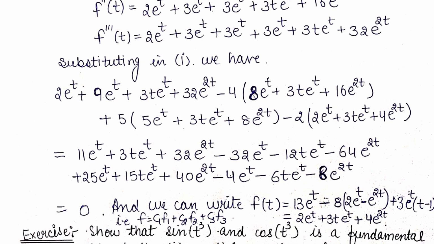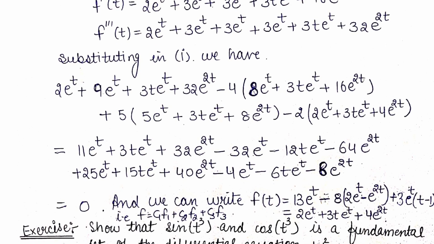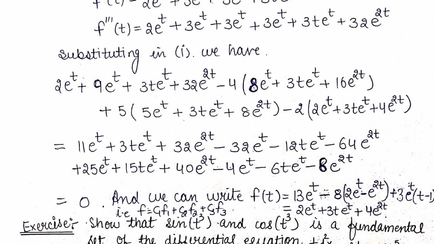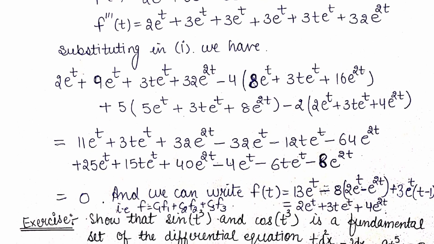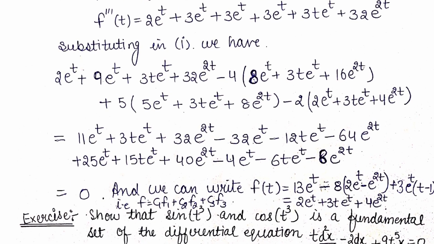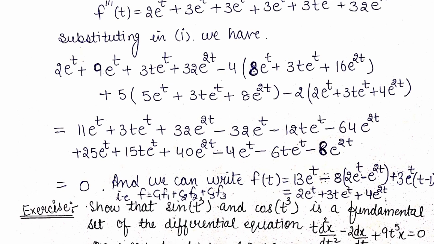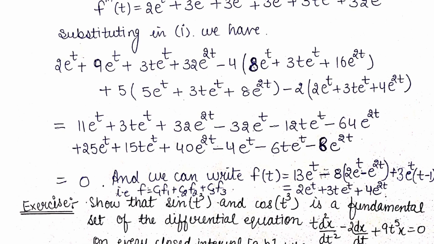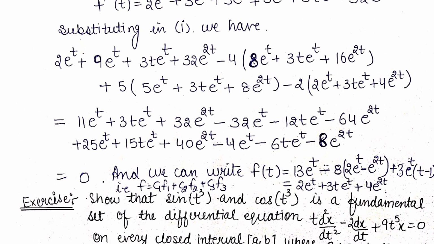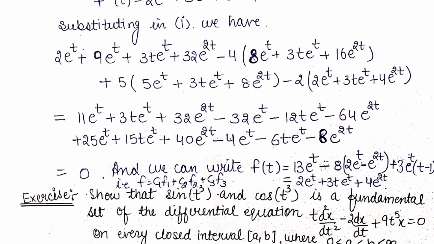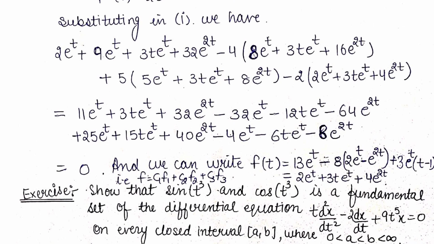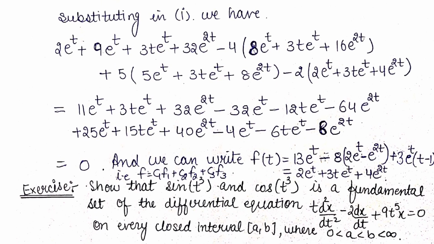Now you have to check that these two functions, namely sine t cube and cos t cube, are a fundamental set of the differential equation t d square x by dt square minus 2 dx by dt plus 9t^5 x is equal to 0 on every closed interval not containing 0.